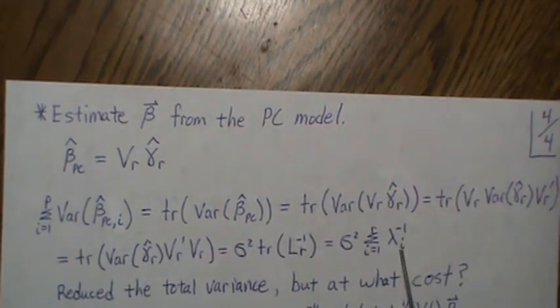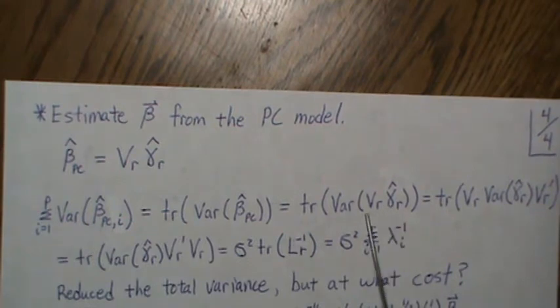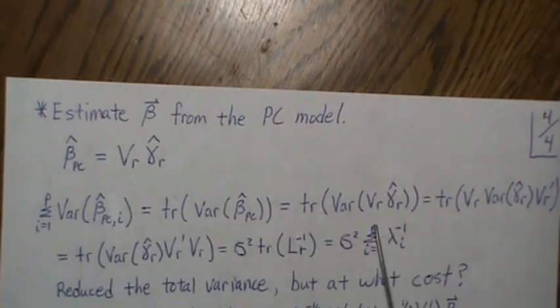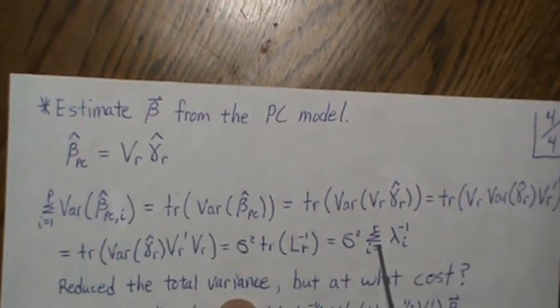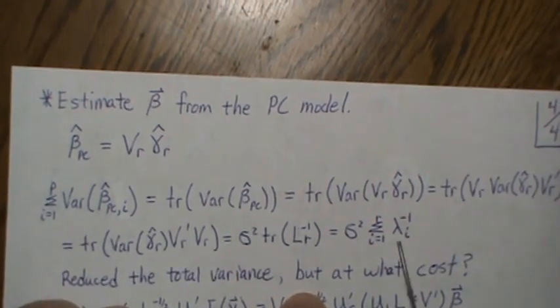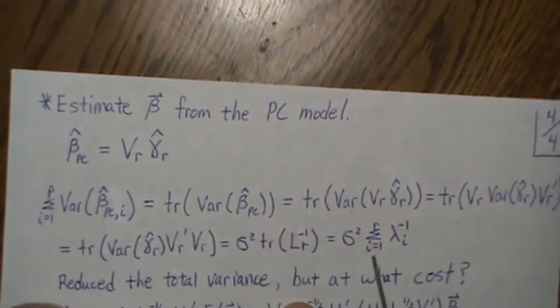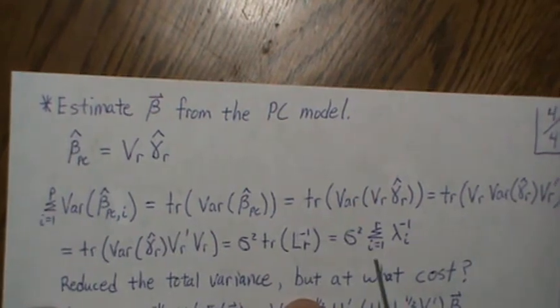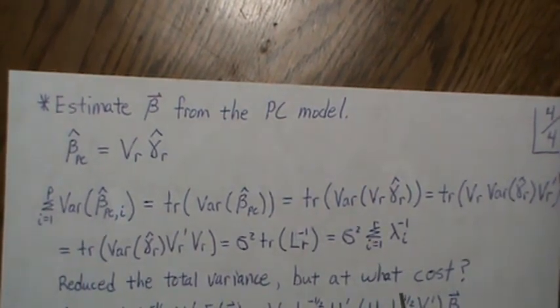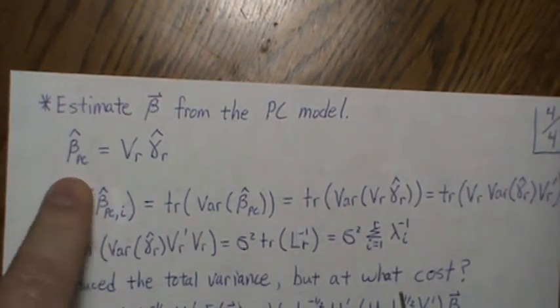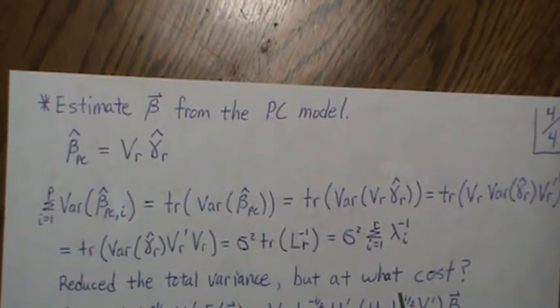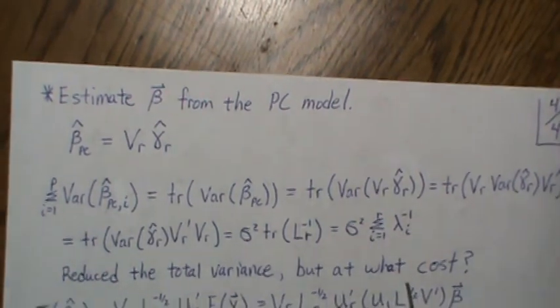When you take 1 over a small number, it's large. So we have significantly reduced the total variance. But at what cost? We've removed vectors from our model. Well, the cost is that our principal components estimate is now biased. We've reduced the variance significantly.